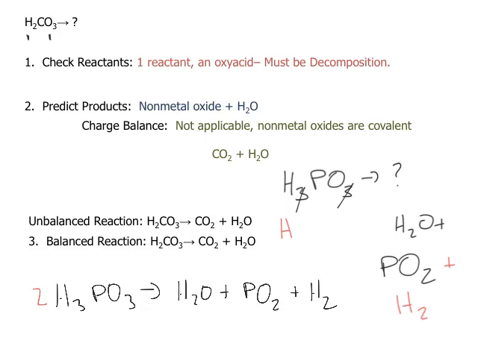So now I have 6 hydrogens, and I have 2 phosphorus and 6 oxygens. So 2 phosphorus, that brings me up to 5 oxygens. So now I have 6 oxygens, and there's 4 plus 2, 6 hydrogens. So everything is now balanced.